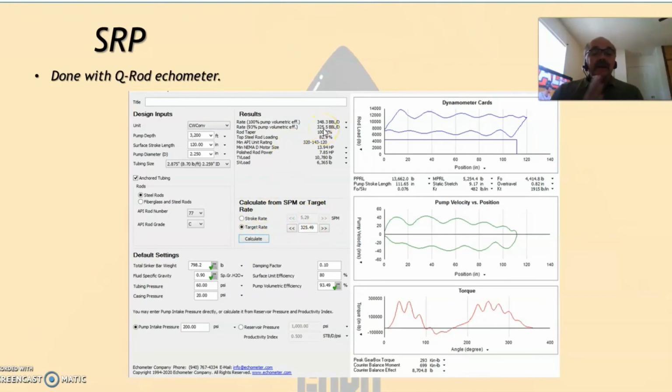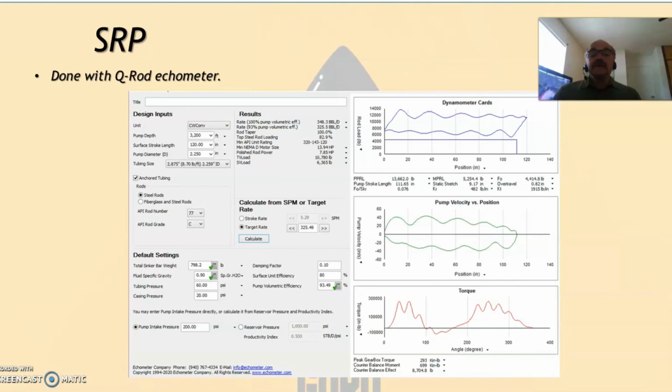If the rate is according to the design, the rate that we decided in the team, we are okay. And then we can see the factors on the string, and also the design of the diameter of the rods. So we put everything in there, and we even get the dynamometer card. So we're set. It's very easy to design.